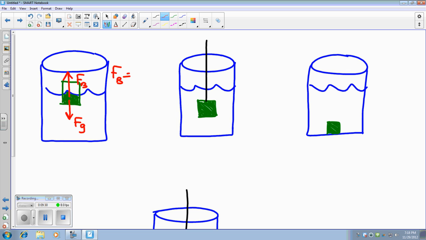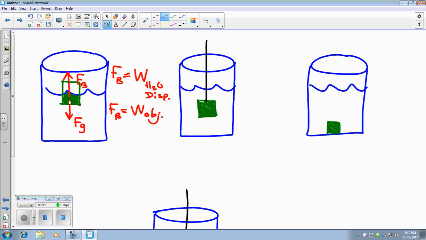In a floating situation only, the buoyant force will be equal to the weight of the water displaced, or the weight of the liquid displaced. But also, in this situation only, the buoyant force is also equal to the weight of the object. This is the only situation where that statement is true.